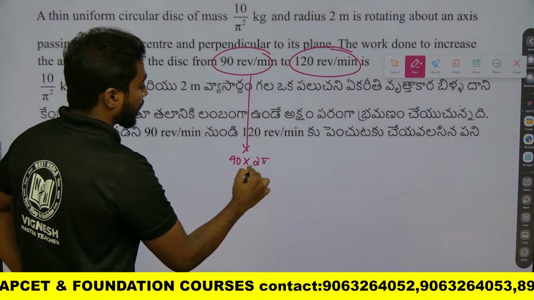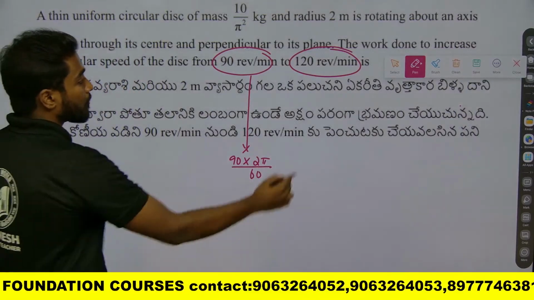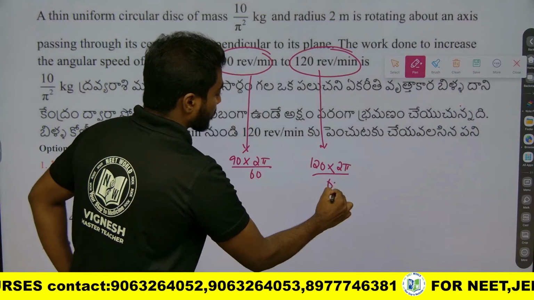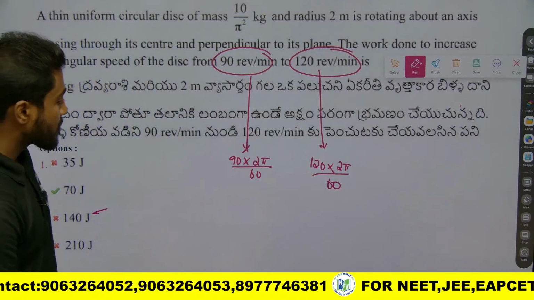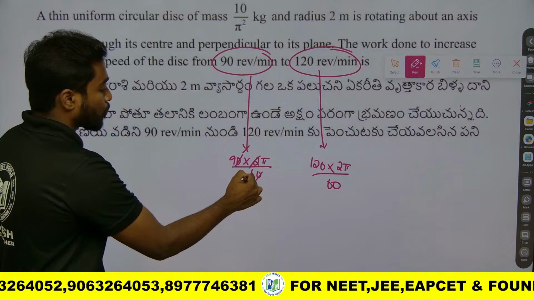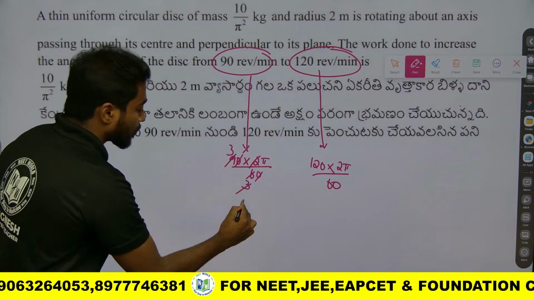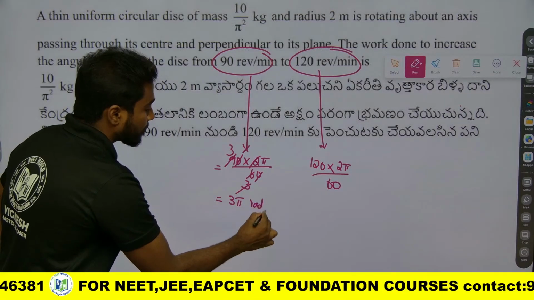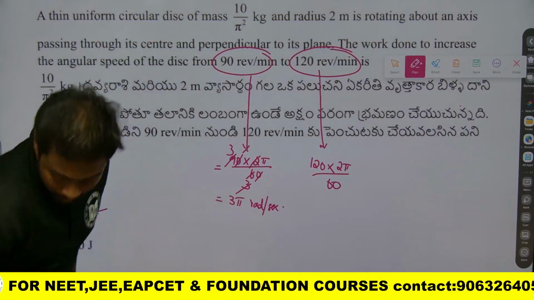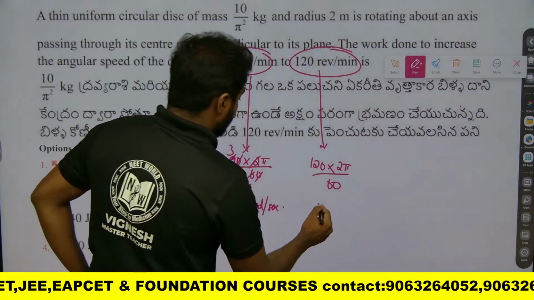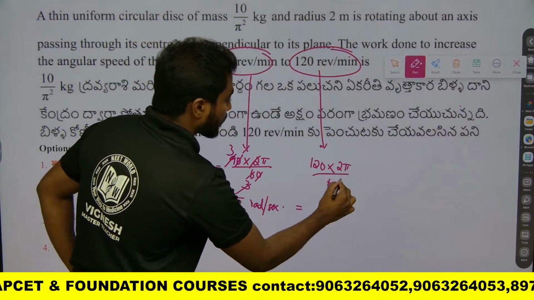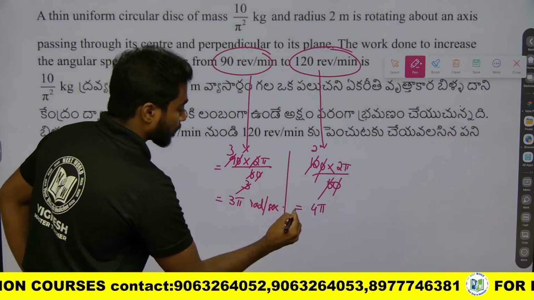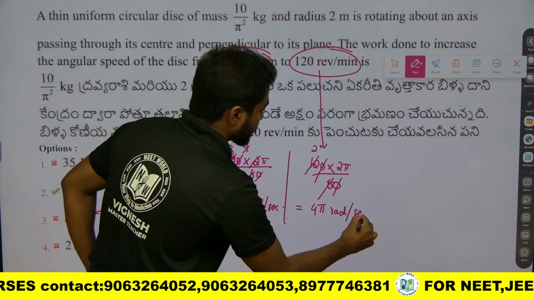90 into 2 pi by 60, and for this one it is 120 into 2 pi by 60, right? The zeros cancel, and 1 3, this is 3, so this is 3 pi radian per second, first thing. The second thing is the zeros cancel and 2, so this is 4 pi radians per second.